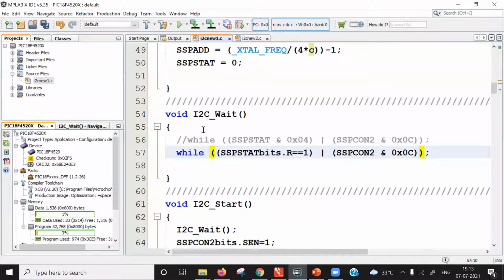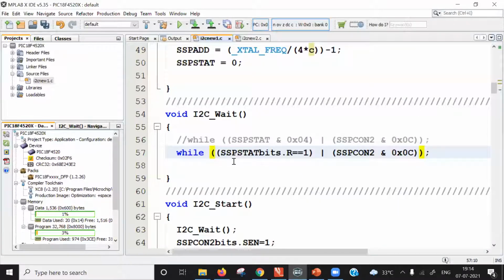So when these conditions are true, the program waits here. This is a while loop. When the condition becomes false, meaning the bus is available for data transmission or reception, then this while loop is terminated. So this function checks whether the bus is free for transmission or not. That is the purpose of this function.